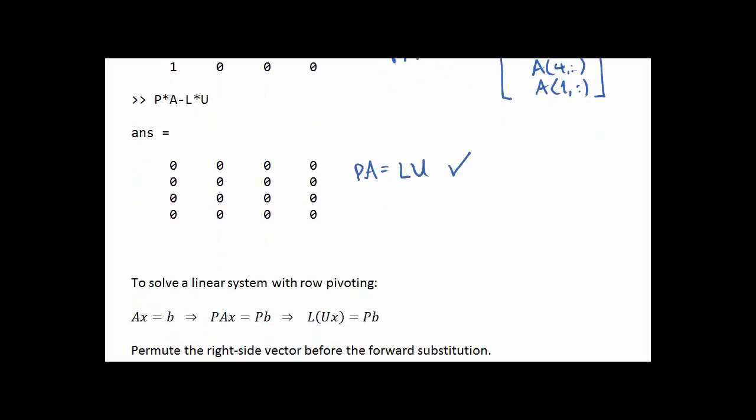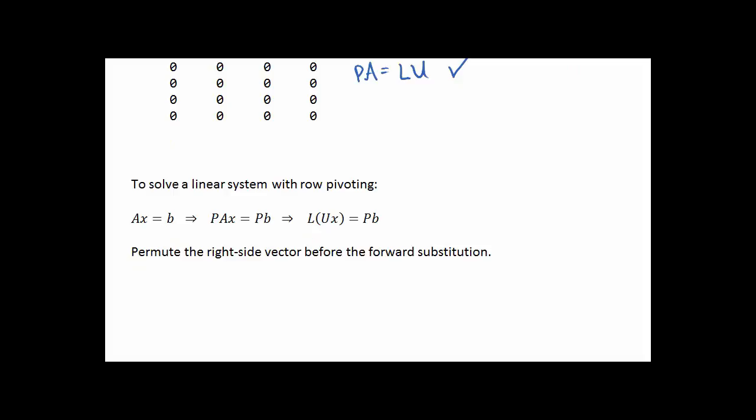Now what does this mean for solving a linear system of equations? So now, if we start with the system AX equals B, multiply both sides on the left by P, we get PAX is equal to P times B. And now we can use the fact that PA is equal to LU, and we use associativity, we now have the two systems LZ is equal to PB and UX is equal to Z. Okay?